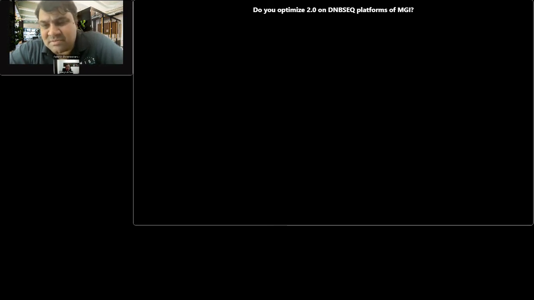We did think about this, but I need to find out to what depth we have considered the MGI sequencing option with Exome 2.0. But it is a compatible product. You can always use it on an MGI platform, and the initial data that we have shows exceptionally good results as well.